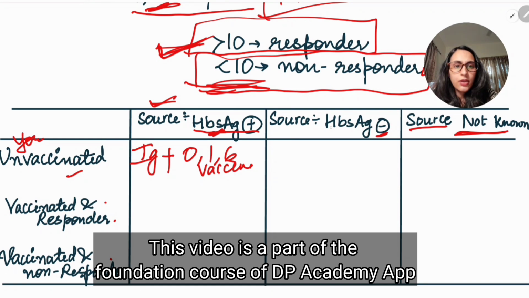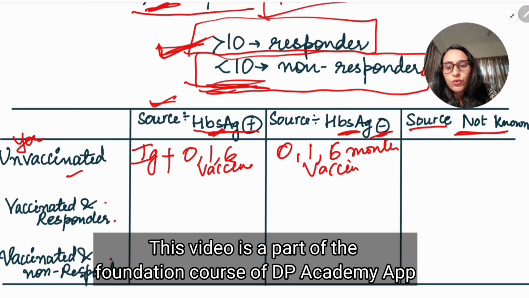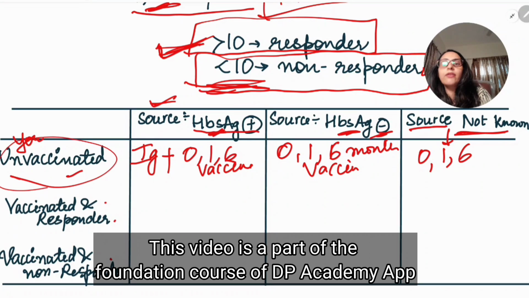If you are unvaccinated and the source's surface antigen comes negative, then you need vaccination at 0, 1 and 6 months. If you are unvaccinated and the source is unknown, you also get the vaccination done at 0, 1 and 6 months.